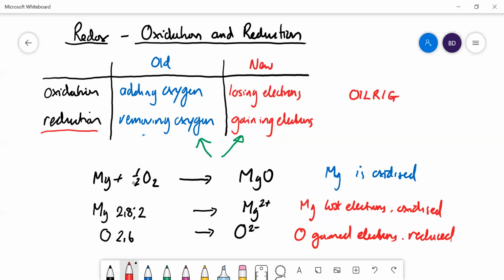And that's quite important here with this new definition. When something gets oxidized, something else must get reduced. If something's losing electrons, something else is gaining electrons. So that is just a bit of a recap of GCSE stuff.